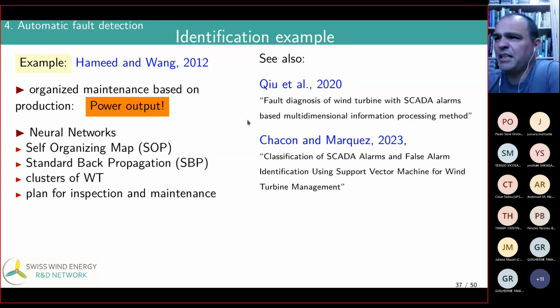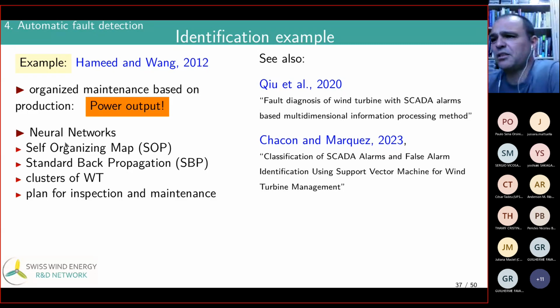So, some identification examples from 2012. These guys are trying to organize a maintenance plan based on production. They are only measuring the power output of different turbines in a wind farm, trying to locate the wind turbines on a 2D map, their position on the ground.